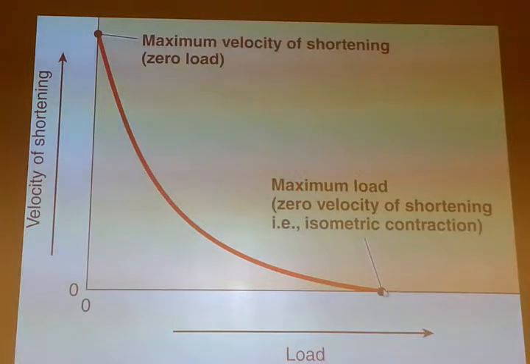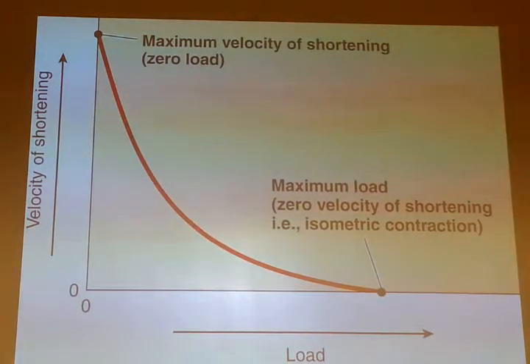Any point between this black dot and this black dot, you have an isotonic contraction. So you start the muscle to move and the load to move, then you are in an isotonic contraction until the velocity, the load is 0 and the contraction is entirely completed.